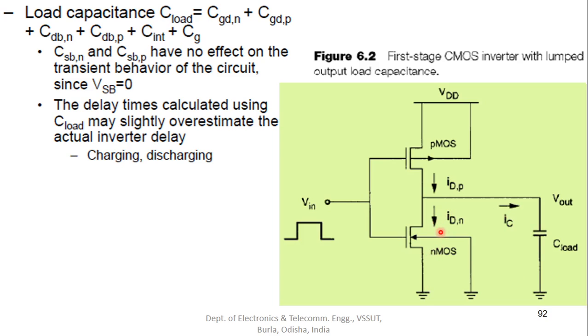When it gets fully discharged, we say the output is low, the output becomes 0. So the output becomes high or 1 when it gets charged via this path, and the output becomes low or 0 when the load capacitance gets discharged via this NMOS. Remember how the output load is getting charged and discharged: charging is taken as logic 1 and discharging is taken as logic 0.